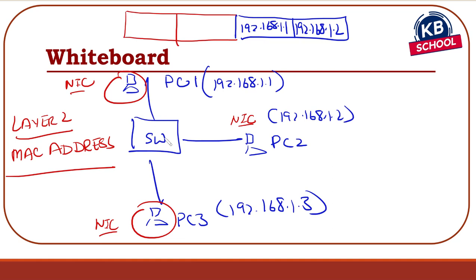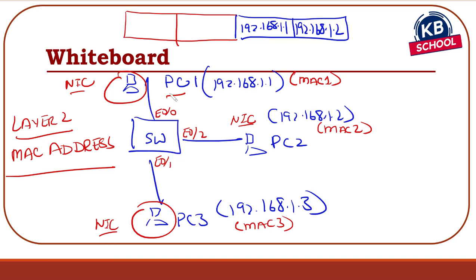And what the switch does, it learns the different MAC addresses that are associated with different ports that it has. To keep it simple, let's say this NIC has a MAC address of MAC1. I'll show you what the actual MAC address looks like, but for right now, let's say MAC1, MAC2, and MAC3.